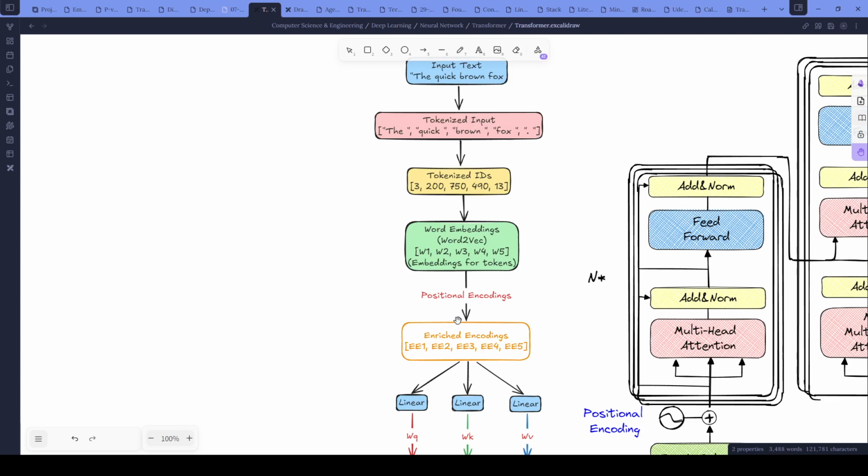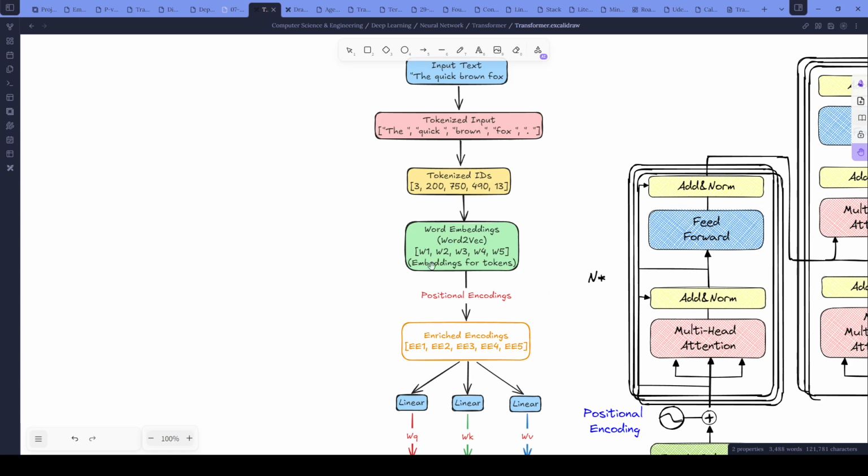It loses the sequential nature of the words within the transformer model, at the time of training and at the time of inference. That's why we need to add additional information about the word's position using positional encodings.